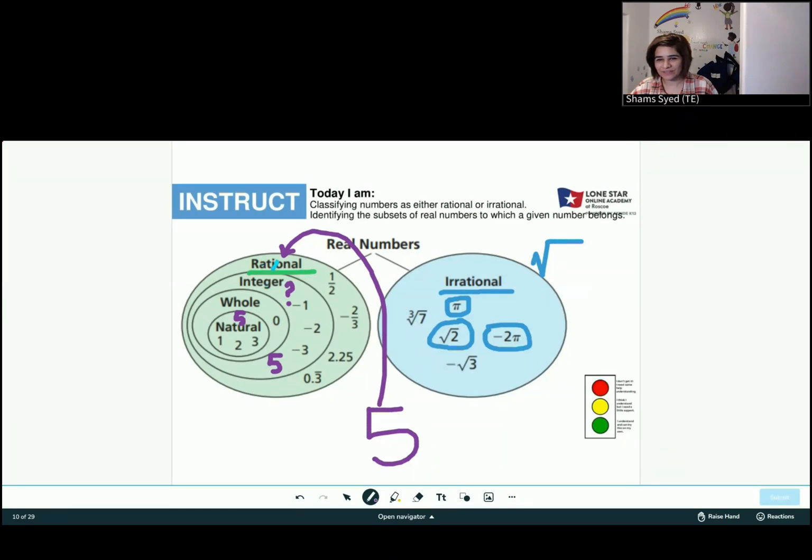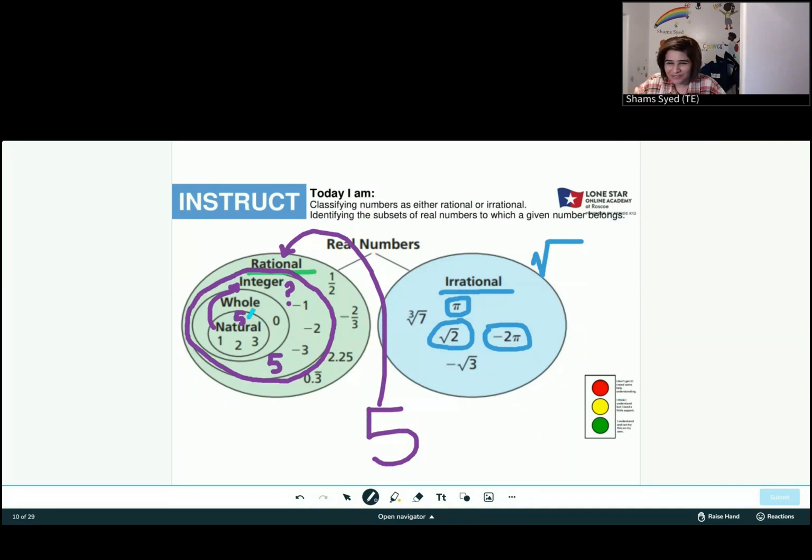If 5 is a natural number, Jocelyn says, notice that 5 is also an integer, because natural numbers belong to integers, don't they? They are inside the belly, right?